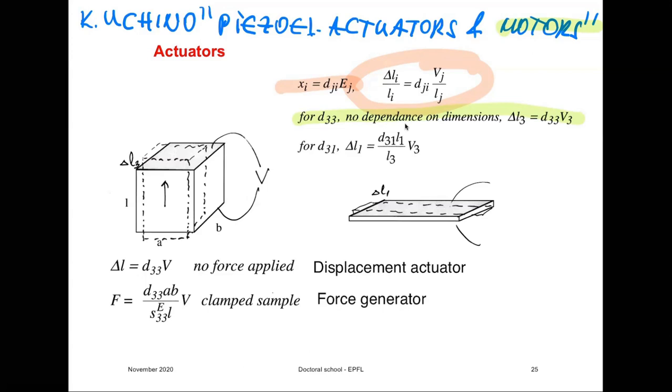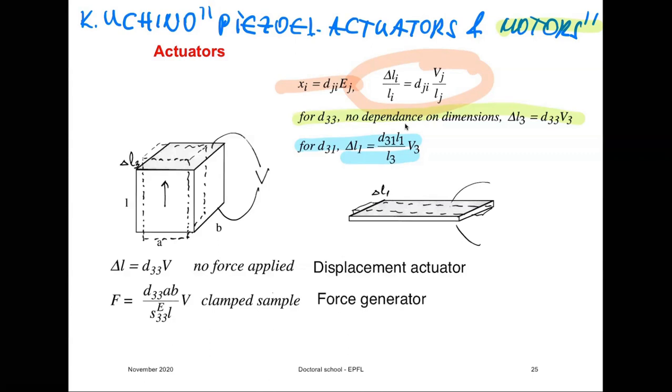For a given voltage, displacement is independent of the size of the actuator. This is not the case for the transverse D31 effect, where displacement is dependent on the dimensions of the sample, if you consider voltage and not electric field as the driving field.